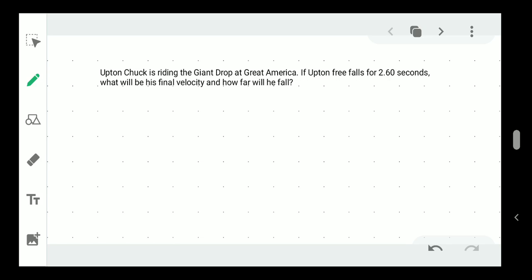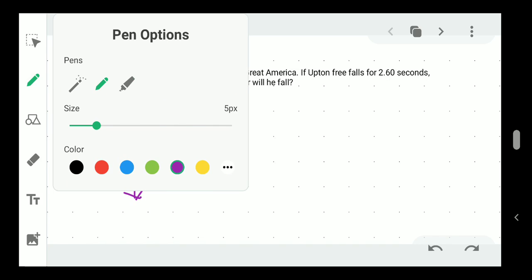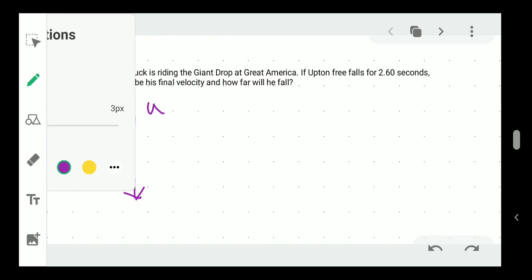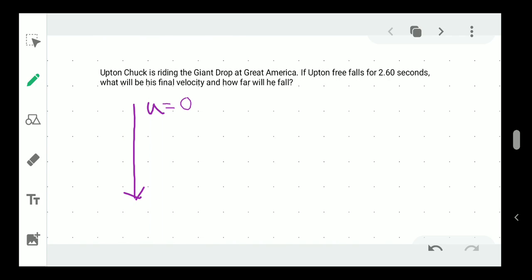So see, when something comes down from up to down, the initial velocity is 0, because at the starting there is no velocity. I have to find out the final velocity.